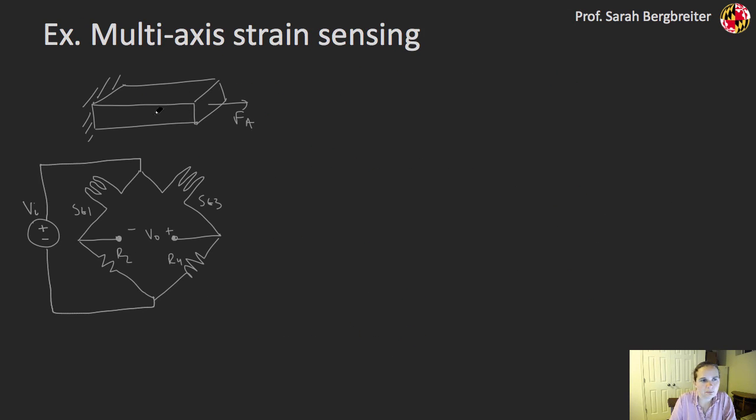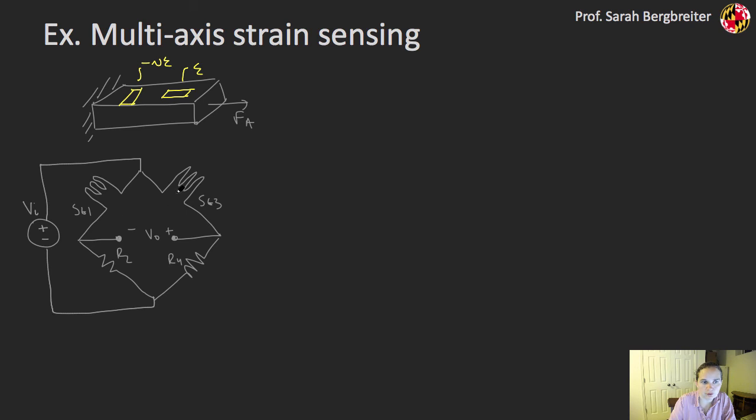So for this example, in looking at bridge constant, I have a beam of material that an axial force is being applied to, and I'm going to have two strain gauges here. One is along that axial direction, and the other is oriented transverse to the force that's being applied. So this one is going to see strain epsilon. This one will see minus nu times my strain, where nu is my Poisson's ratio.